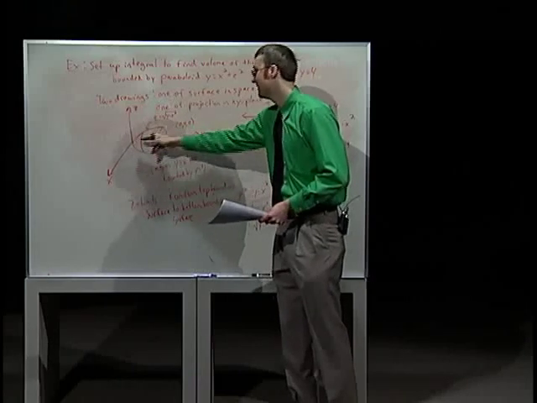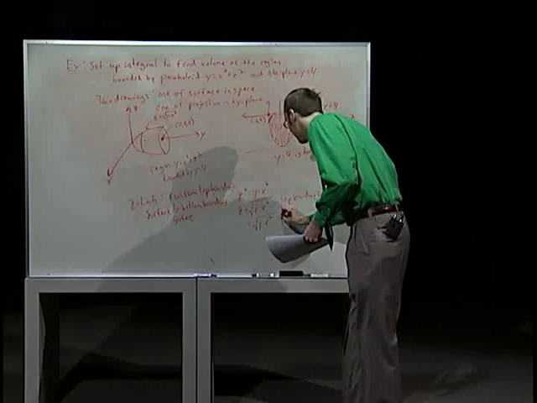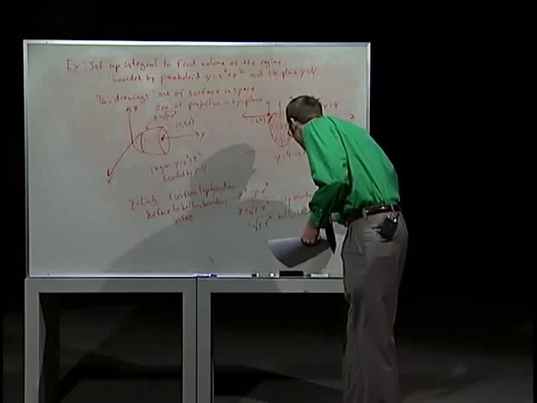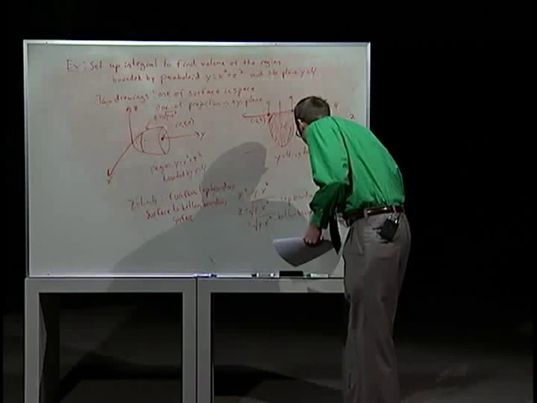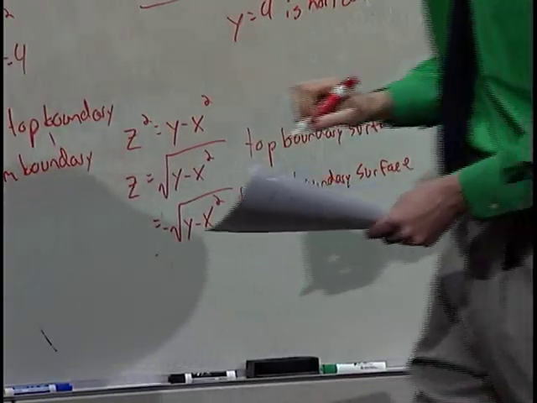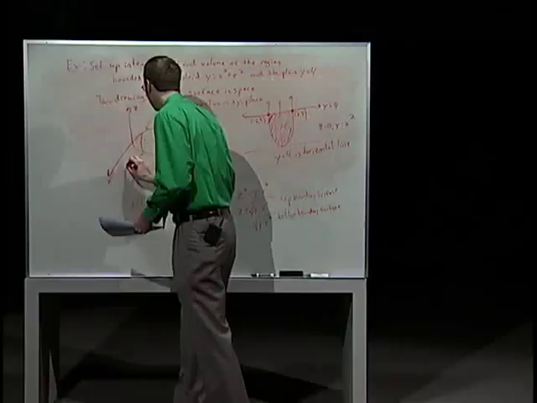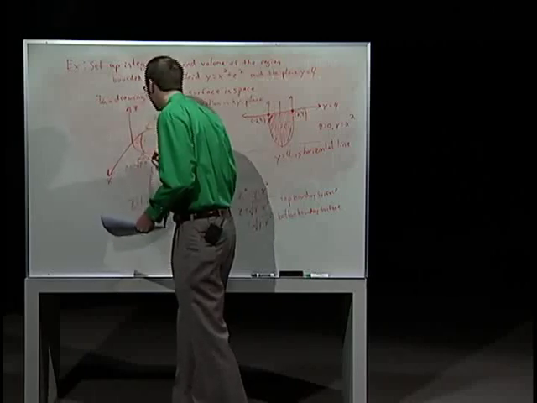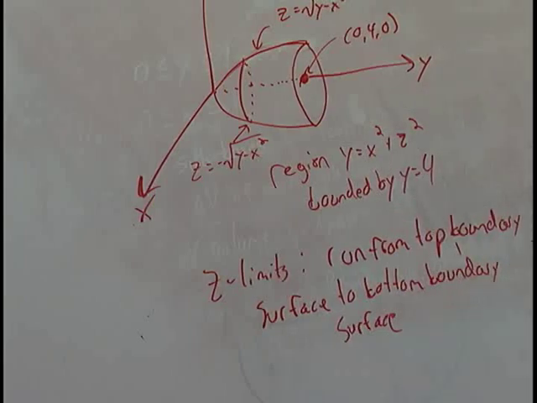This is positive z, that's negative z. So this is going to be the bottom boundary surface, z equals negative square root of y minus x squared. So there's your z limits.